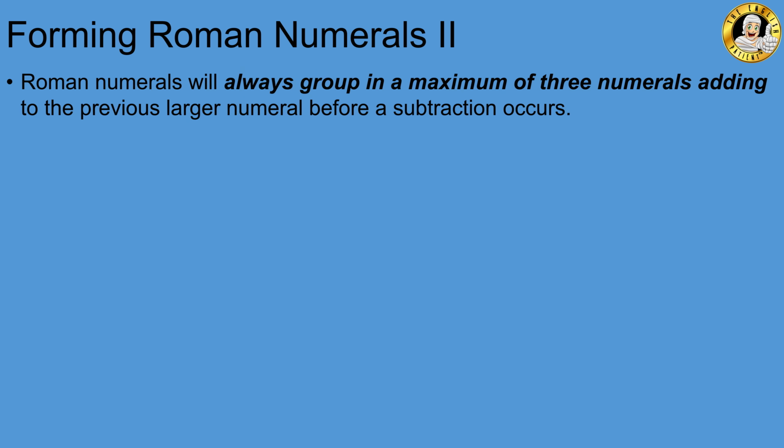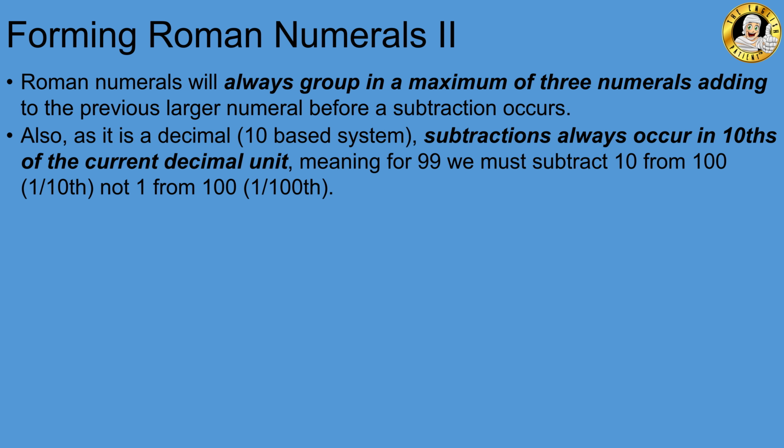Now, Roman numerals will always group in a maximum of 3 numerals adding to the previous larger numeral before any subtraction occurs. Also, the Romans used a decimal system, a 10-unit based system.